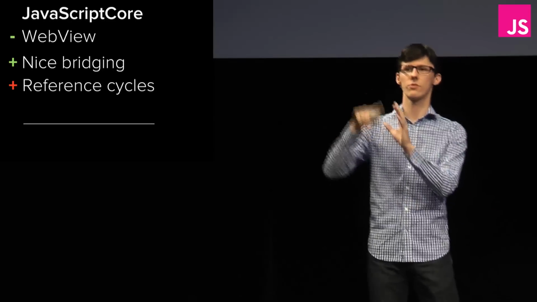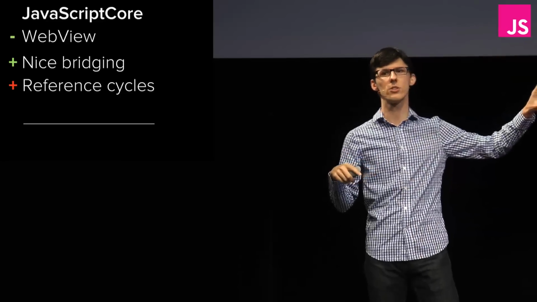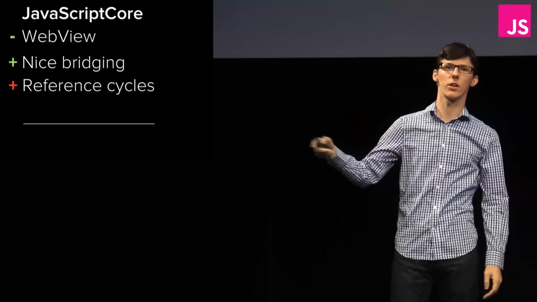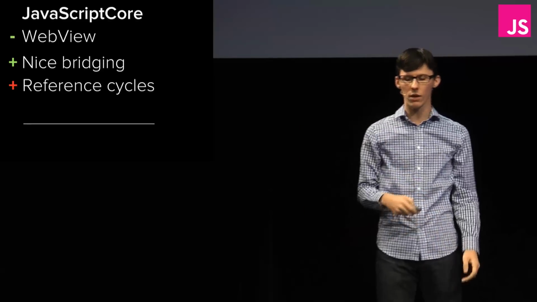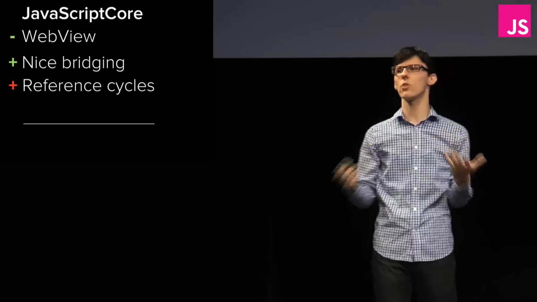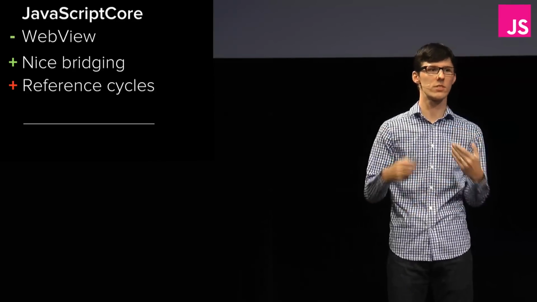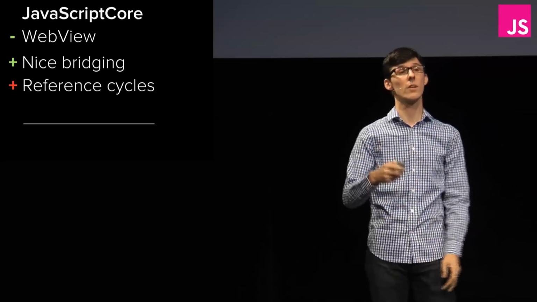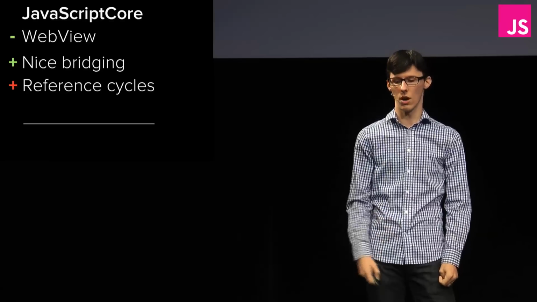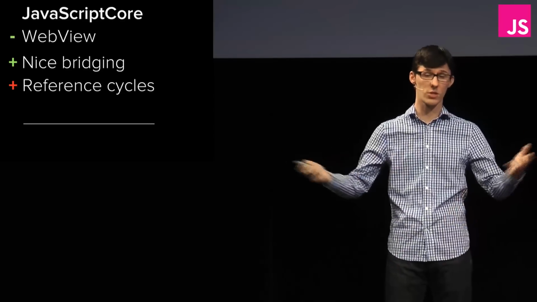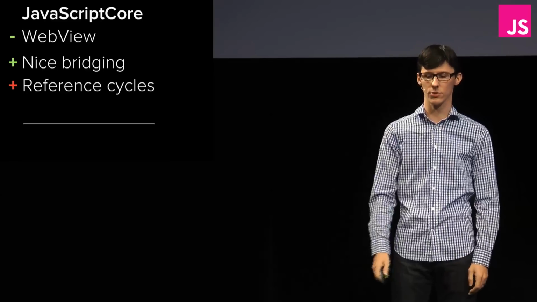So you could have two objects that point to each other, and if the rest of the object graph doesn't point to them, then the runtime is not going to know that that's a reference cycle that needs to be garbage collected. That's something we don't normally have to deal with in JavaScript. So if you're not familiar with working with Objective-C and you're experimenting with this, I recommend you check out the WWDC video from this past June on how to avoid this. It's generally about this JavaScript stuff, but the gold in there is avoiding reference cycles.